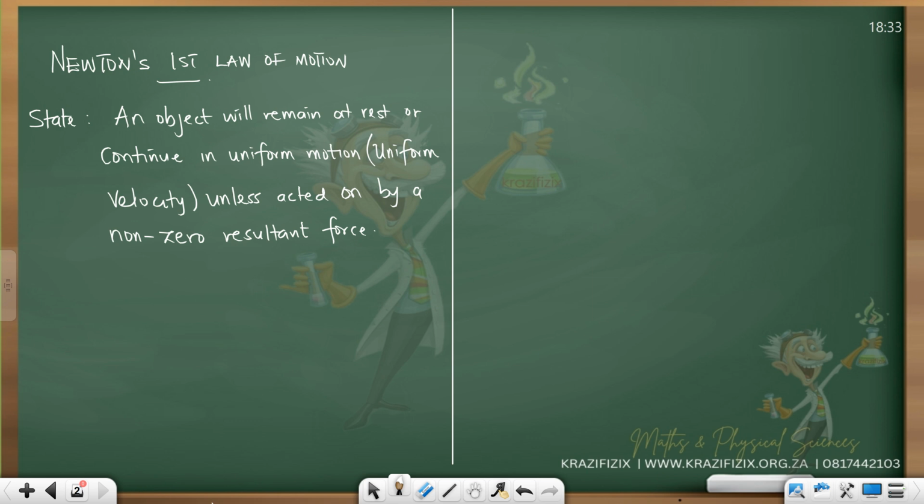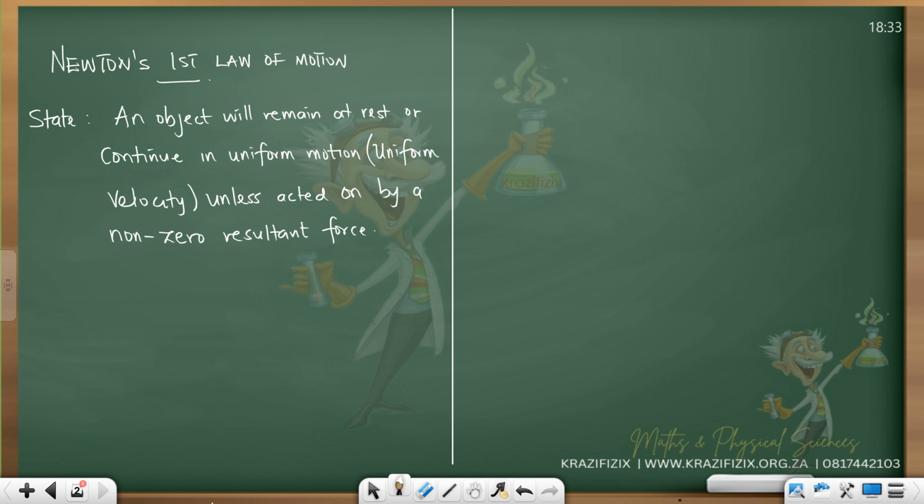An object will remain at rest or continue in uniform what? Motion, unless acted on by a non-zero force, resultant force. So that is us stating the law.